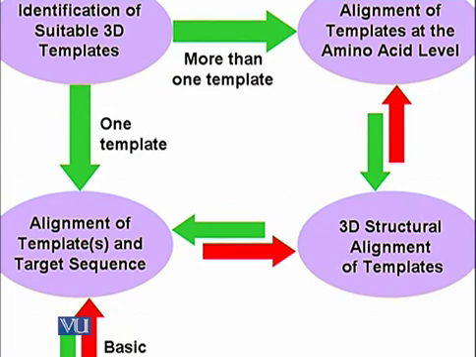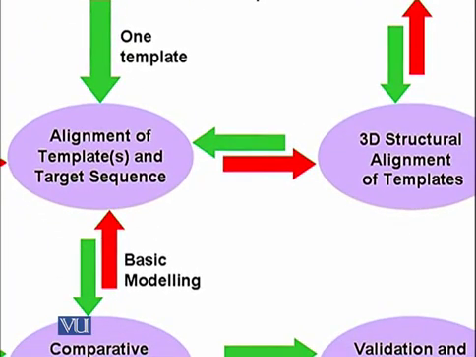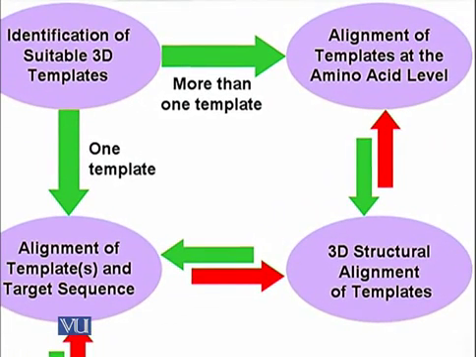In case you have a single template from the PDB that is coming to you, then you align the template and the target sequence, and then you go for 3D structural alignment of the templates. But in case you had more than one template, then you have to align the templates at the amino acid level for all of these templates and then perform the 3D structure alignment.